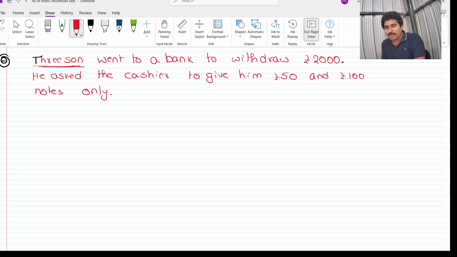He has one requirement. What does he want? 50 rupee notes and 100 rupee notes only he wants. Clear?